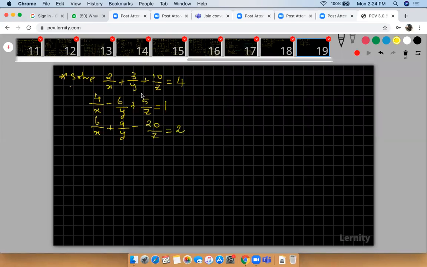Okay, 2 by x plus 3 by y plus 10 by z is equal to 4. And 4 by x minus 6 by y plus 5 by z is equal to 1. 6 by x plus 9 by y minus 20 by z is equal to 2.